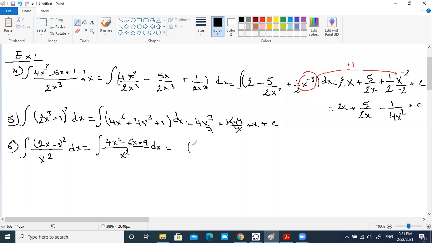You have to write it in this way: between brackets, 4x squared minus 6x plus 9, times x to the power negative 2. Don't forget the brackets, because if you wrote it without them, 4x squared plus 6x plus 9x to the power negative 2, only the 9 is multiplied by x to the power negative 2. There is a difference between these two ways of writing.